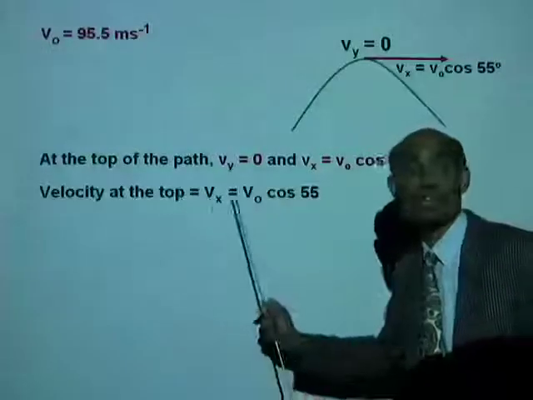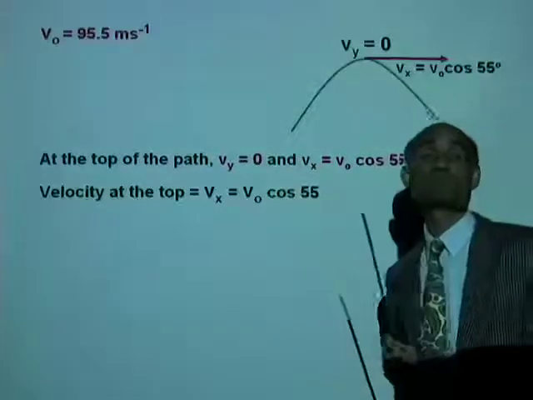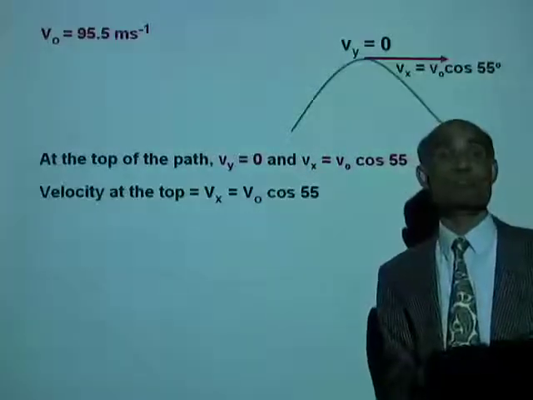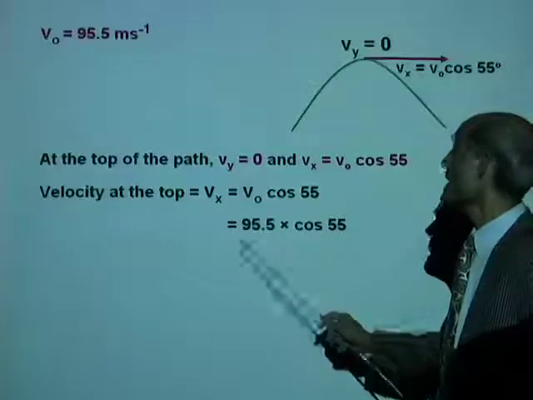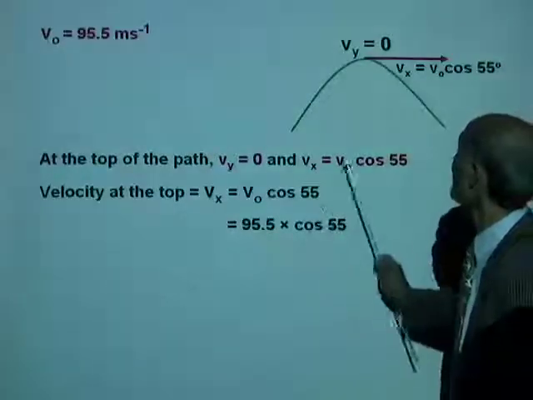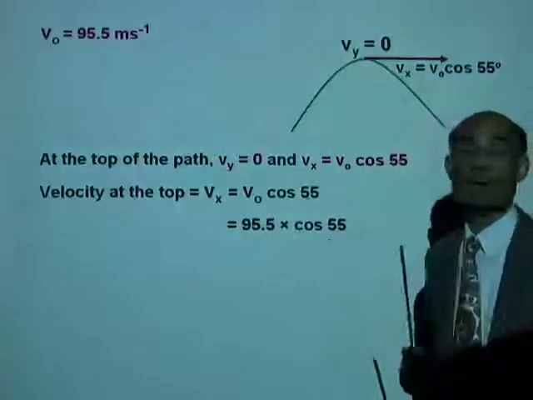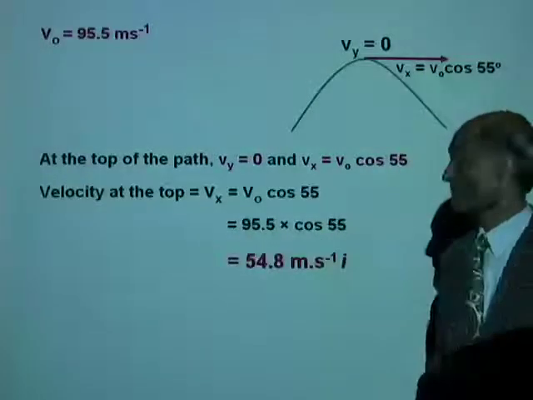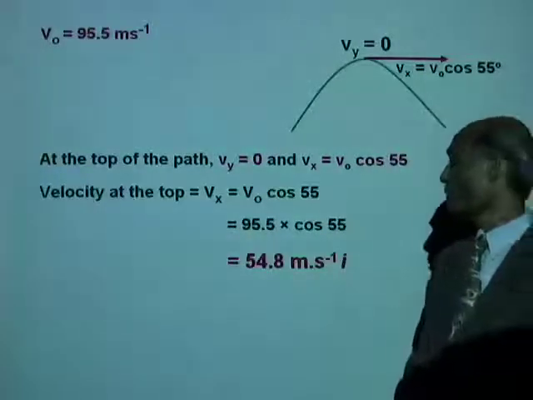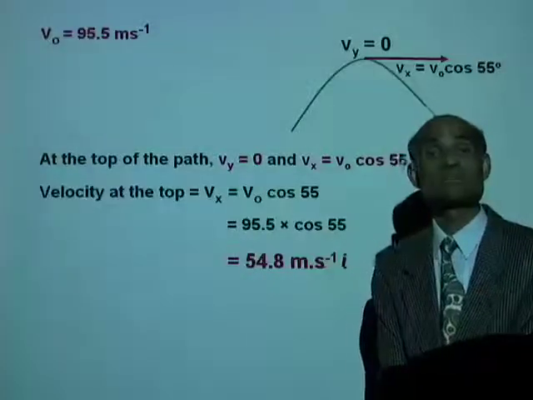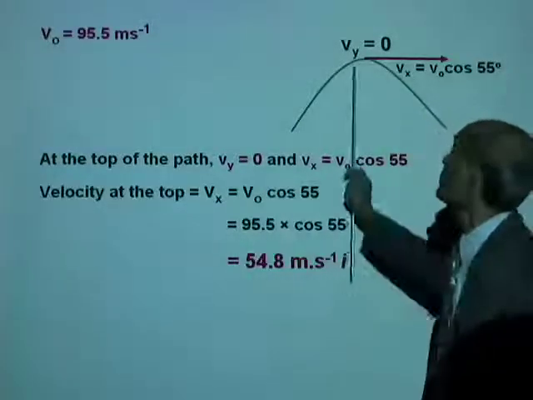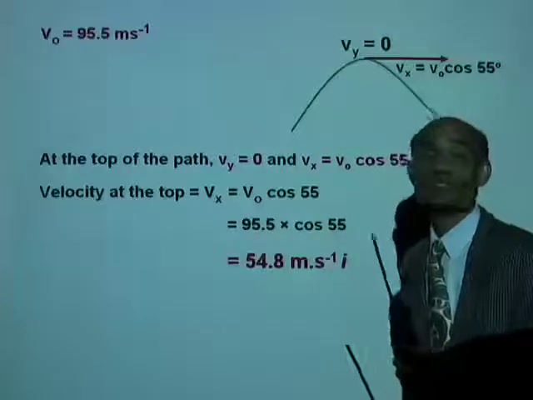Therefore, the velocity at the top is V0 cos 55, and that will be 95.5, the value of V0, times cos of 55 degrees, and that is 54.8 meters per second. It is directed in the x direction.